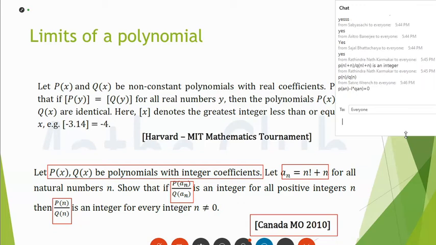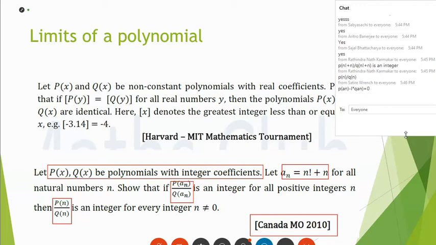Okay. Can we do it like this? Suppose the integer be I, we can say P of a_n minus I multiplied by Q of a_n is equal to 0. But that I is a function of n.